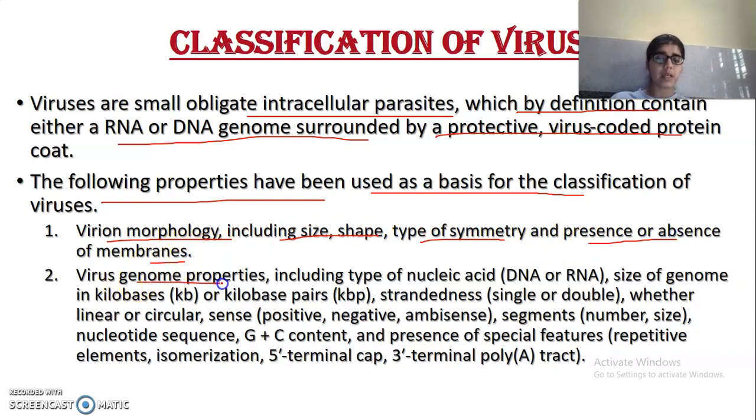Virus genome properties include type of nucleic acid, that is DNA or RNA, size of genome in kilobases or kilobase pairs, and strandedness, that is single stranded or double stranded, whether linear or circular, or sense, that is positive, negative or ambisense, segments, number and size, nucleotide sequences, that is G plus C content, and the presence of special features, that is repetitive elements, isomerization, 5' terminal cap and 3' terminal poly A tracts.